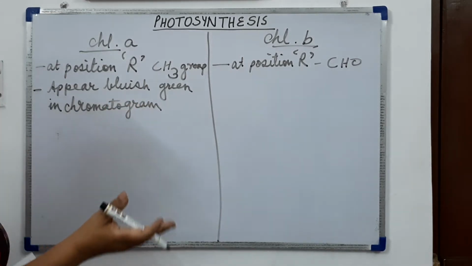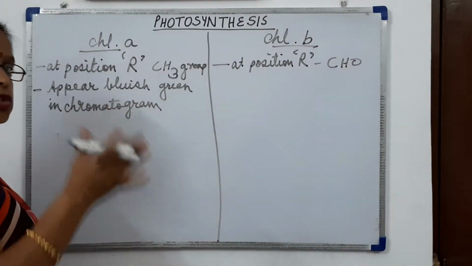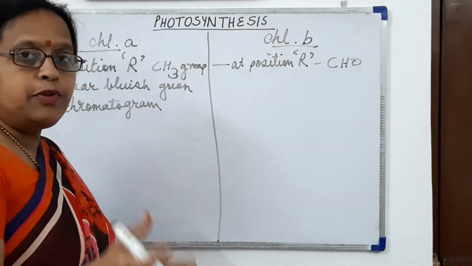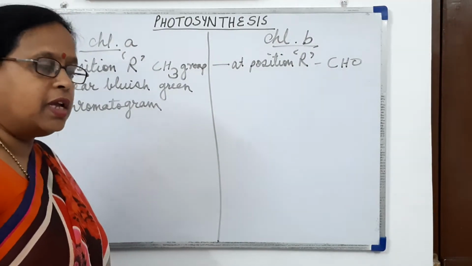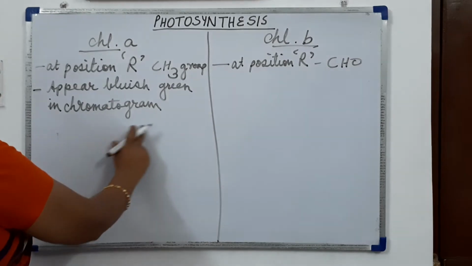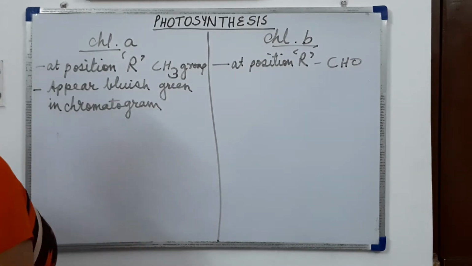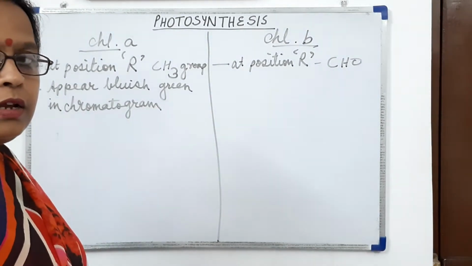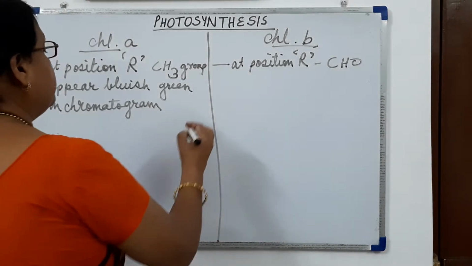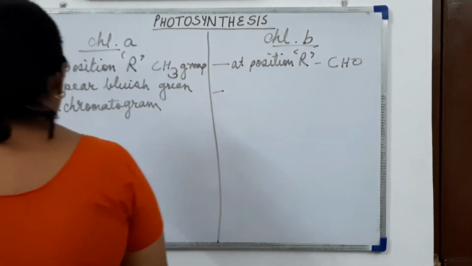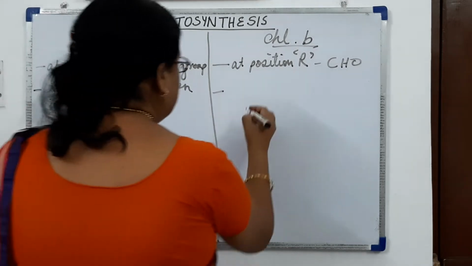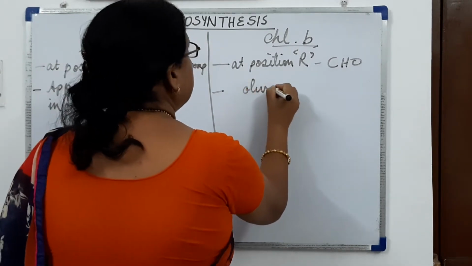Now chromatogram is the graph which shows the different wavelengths the different pigments are absorbing. So in chromatogram chlorophyll A will be showing the bluish green color, and chlorophyll B will be showing the olive green color.